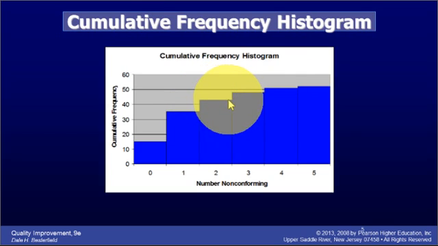And I want to know how many days are having less than or equal to 3 daily billing errors. Then I just need this 43 plus the 5 days that is having 3 daily billing errors, and then I'm going to have 48 days having less than or equal to 3 daily billing errors.